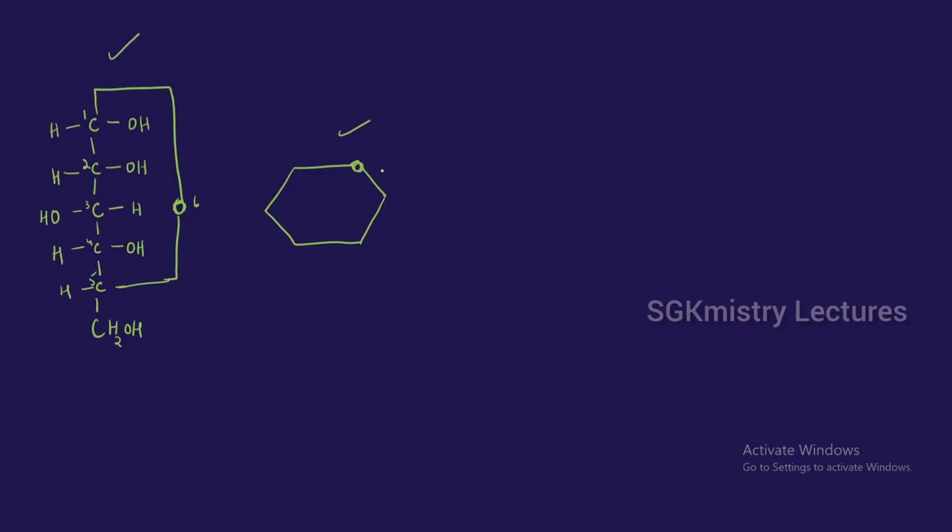Okay. Now whatever bonds are there with the OH and H, I'm going to represent it this way. Now, this one will be the first carbon. Now this I'm taking as the alpha D plus glucopyranose, and I'll also write the structure for beta D plus glucopyranose.